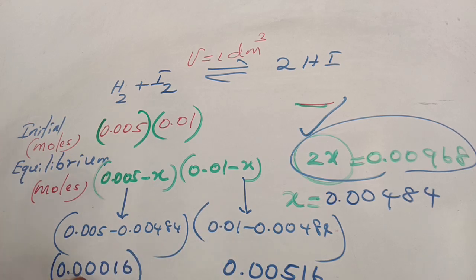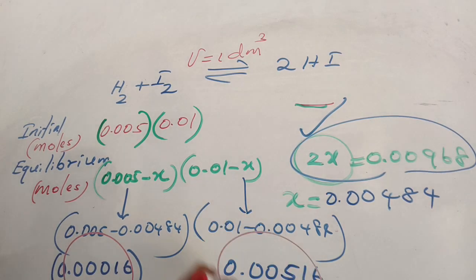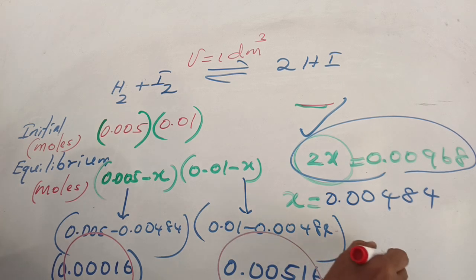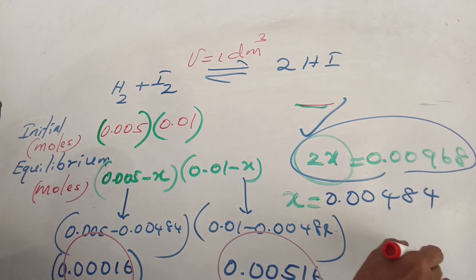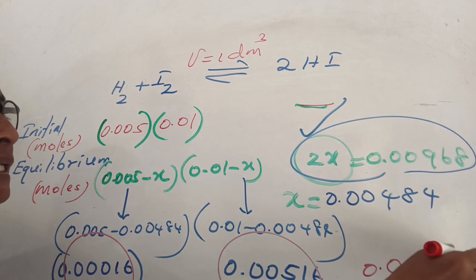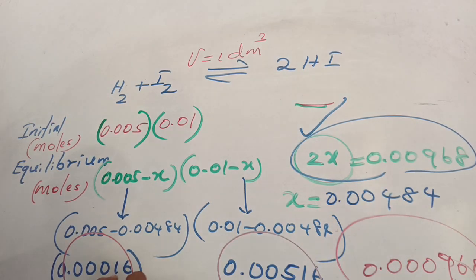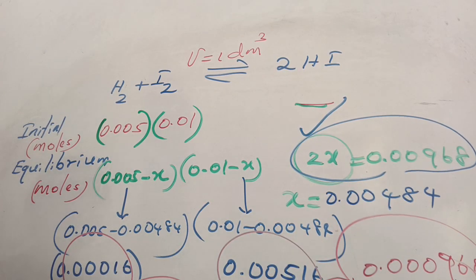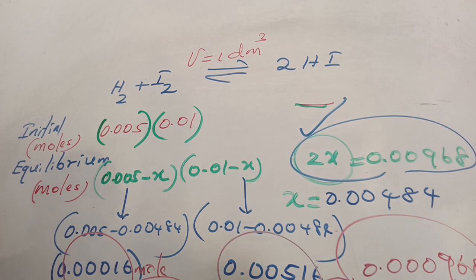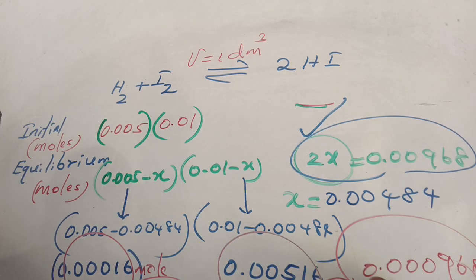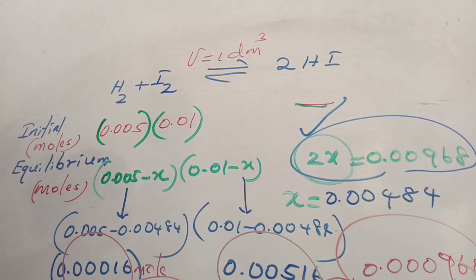At equilibrium, 0.00968 moles is present of hydrogen iodide. So these are the moles. You divide them by the 1 dm^3 volume, so that we can obtain the concentration.